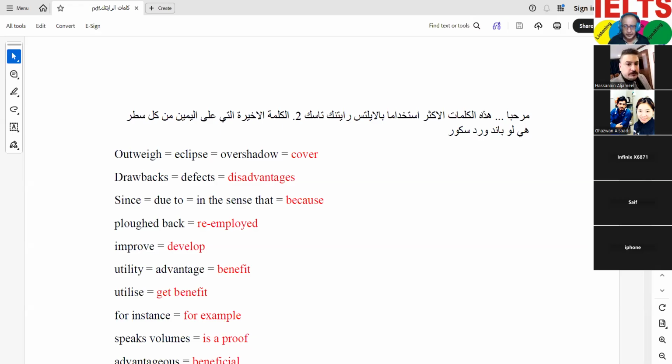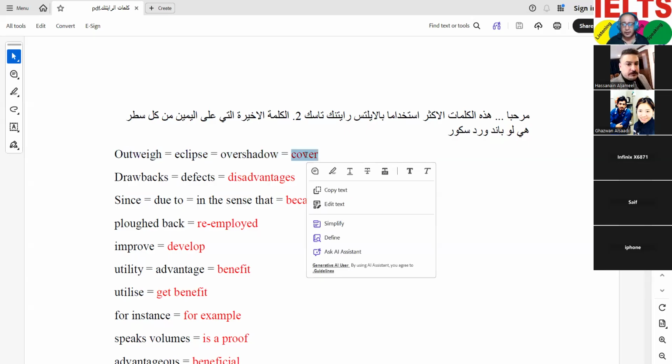I wrote here in Arabic: these are the most used words in IELTS writing task 2 and writing task 1 as well. The last word on the right of each line is a low band word score. The words are red. Use them as the last option.